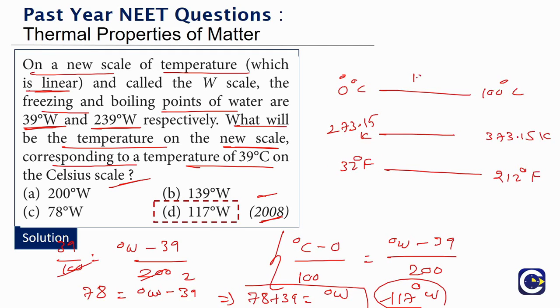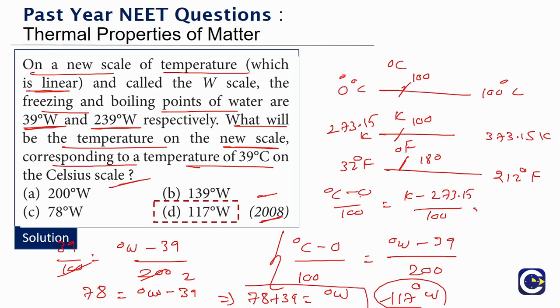So here it is divided into 100, here also 100, and here 180. For any temperature on the Celsius scale, the corresponding temperature on Kelvin and Fahrenheit is related by: degree Celsius minus 0 by 100 is equal to Kelvin minus 273.15, which you can approximate as 273, divided by 100, equal to Fahrenheit minus 32, the starting point, by the total scale length here, 180. This is the relation for the three temperature scales.